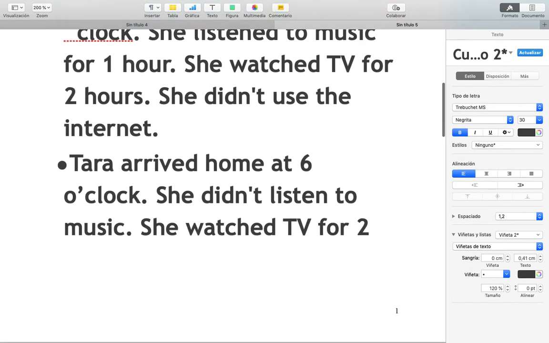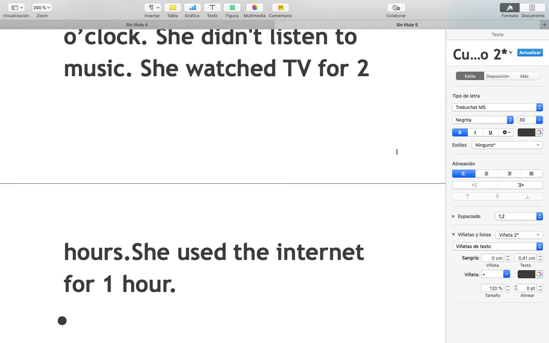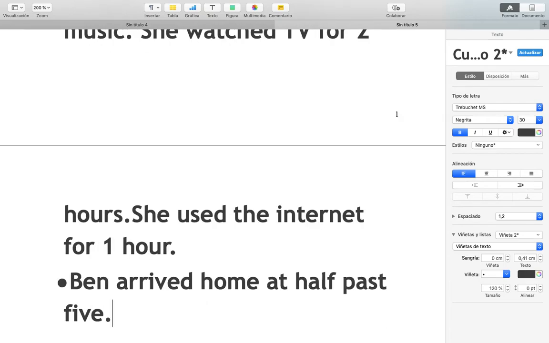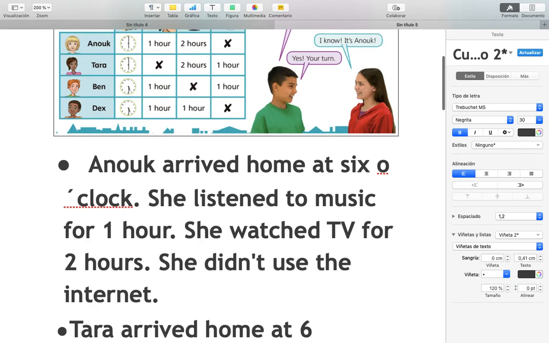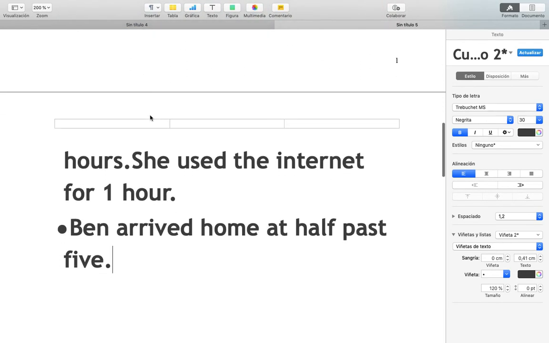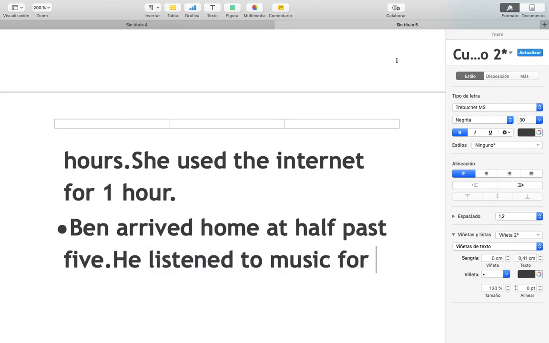Now, Ben. Aquí ya Ben cambia. Ben arrived home at 5:30. Let's see Ben. He listened to music for 1 hour.